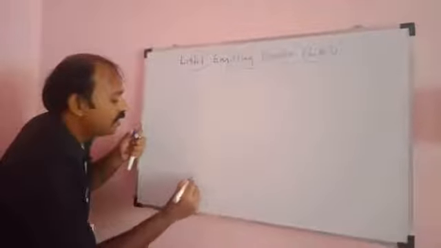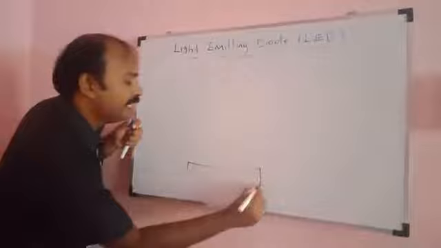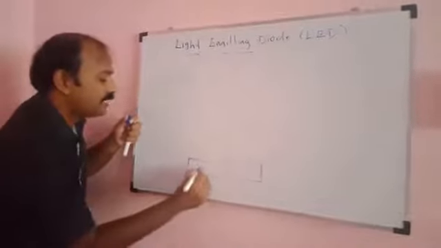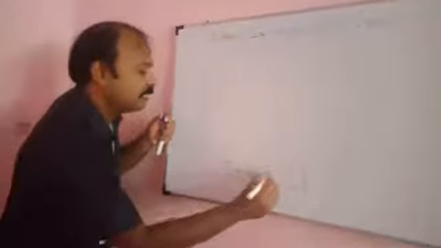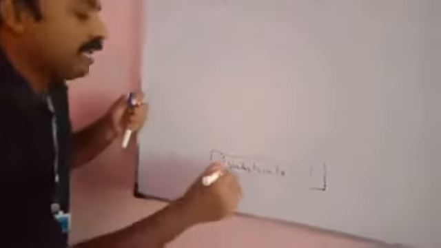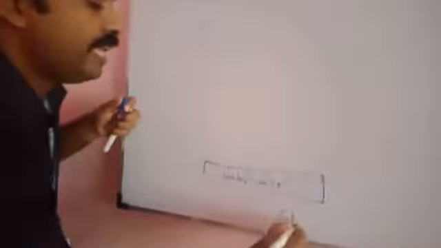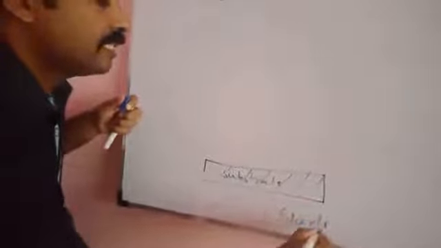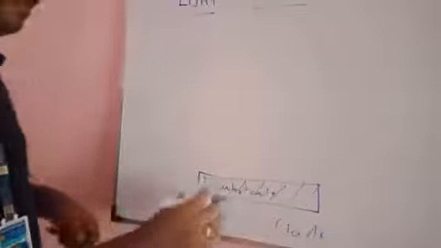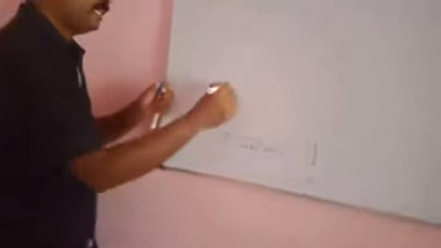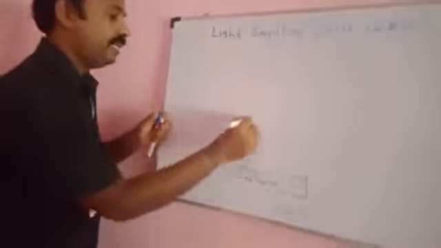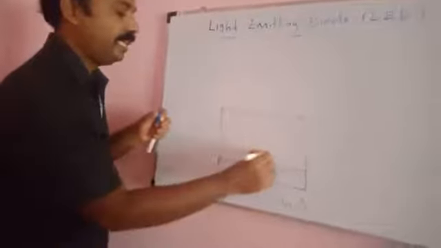It consists of a gallium arsenide substrate, GaAs, gallium arsenide substrate. This is also a semiconductor. Over this gallium arsenide substrate, an N-type semiconductor is grown. This is the N-type semiconductor.